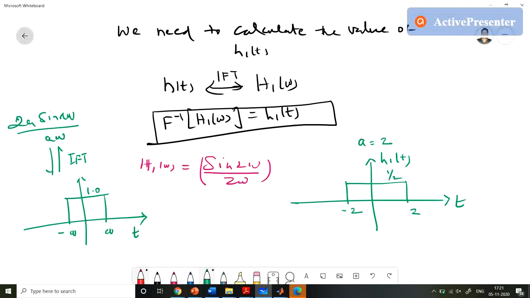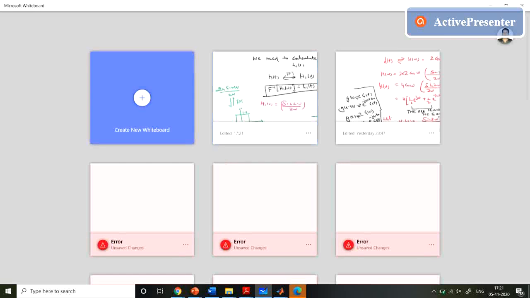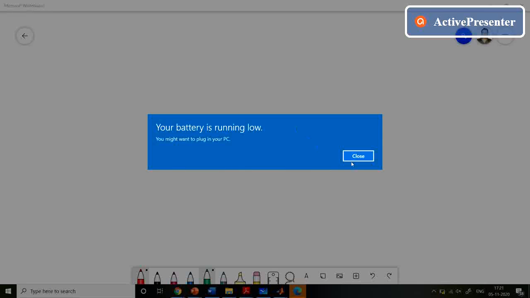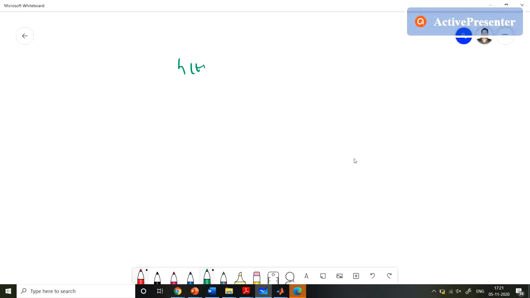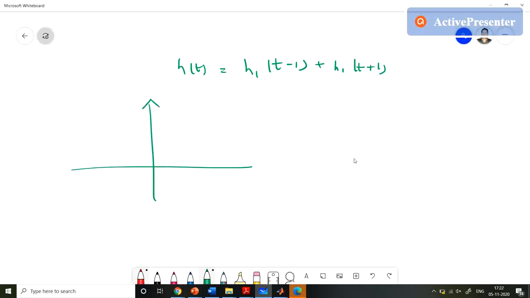So h(t) is equal to h1(t minus 1) plus h1(t plus 1). This is h1(t minus 1), from minus 1 to 3, and the amplitude is 1 by 2.